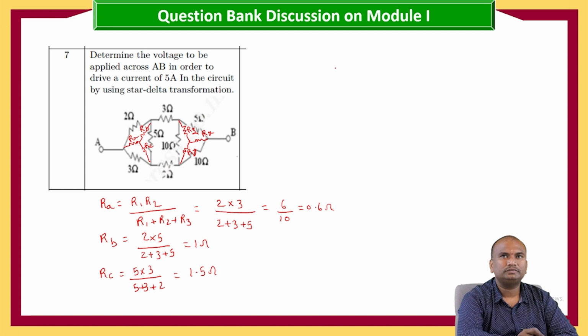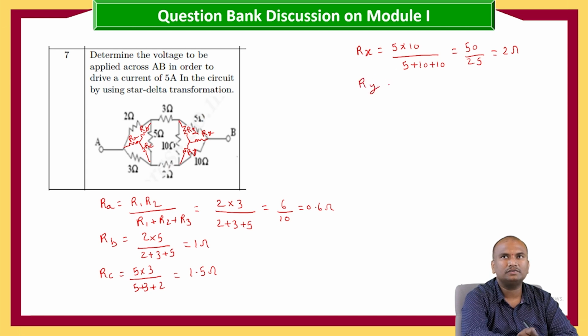Now the circuit will be replaced. Again we need to calculate the Rx value, that is 5 into 10 by 5 plus 10 plus 10, 50 by 25, which is equal to 2 ohms.